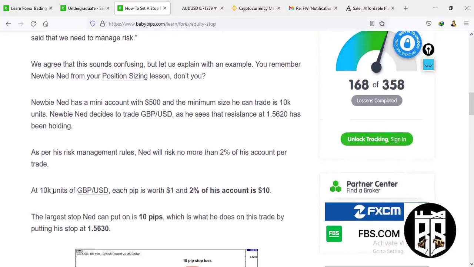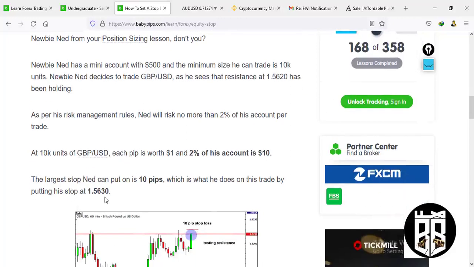At 10k units of GU, each pip is worth $1 and 2% of his account is $10. Now the largest stop Ned can use on this is 10 pips, which is what he does on this trade by putting his stop at 1.5630. It was 1.5620 plus 10 pips, 1.5630.